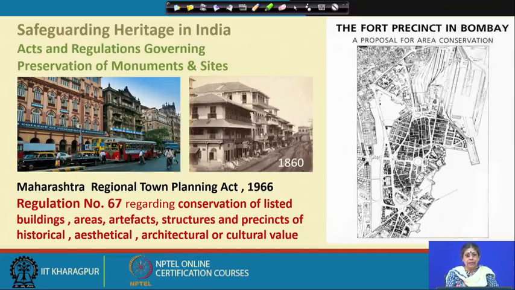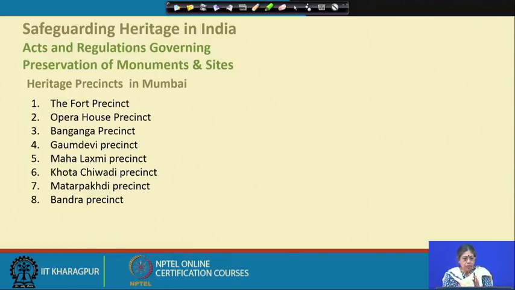It is not only that the Town Planning Act has the provision, but this is a special regulation which has been specially focused on the heritage precincts and heritage areas. According to that, it has identified 8 precincts. There may be updates or additions to the list later on, and also there is a provision of delisting, we will talk about that.